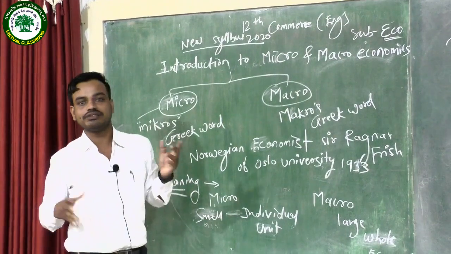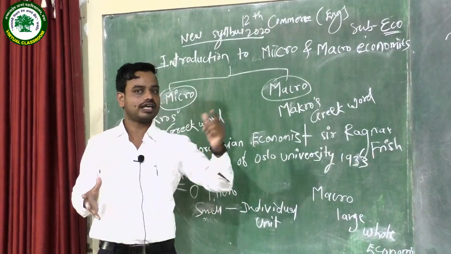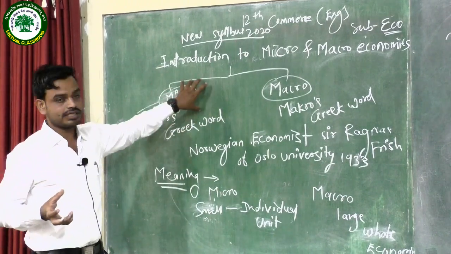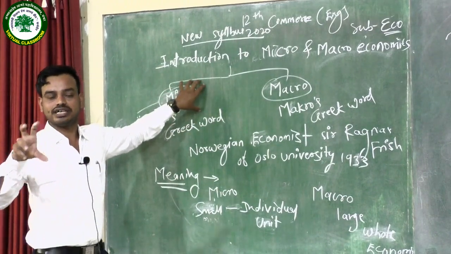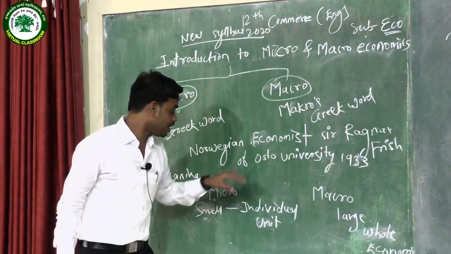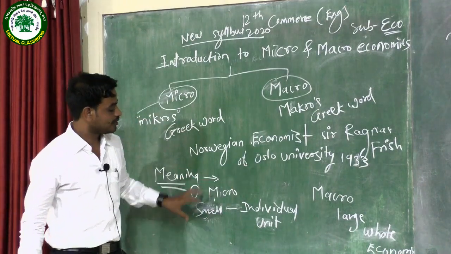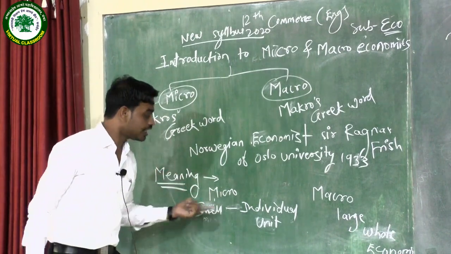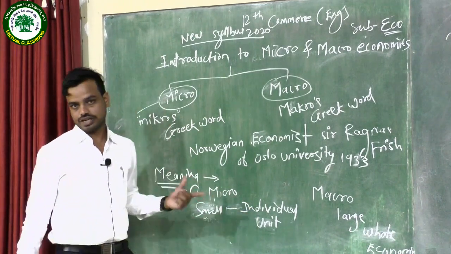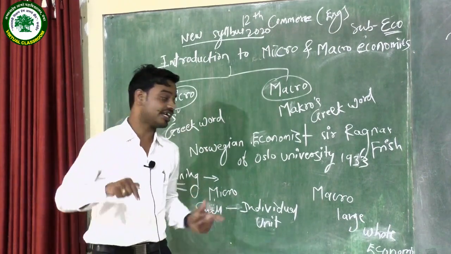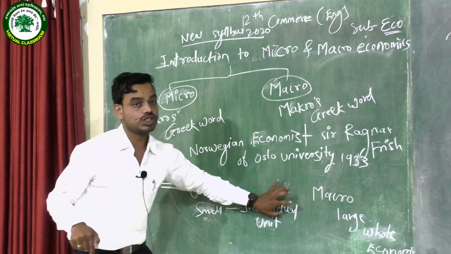If we think about any village, in that village there are a lot of cottages, and a lot of people living. So microeconomics is about the small thing, the small individual unit. Microeconomics is the study of small individual units.